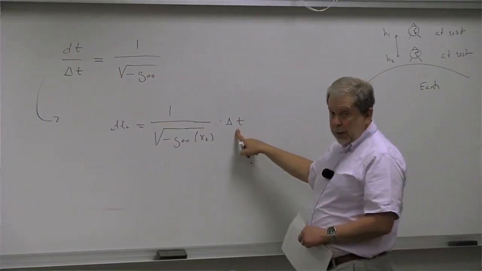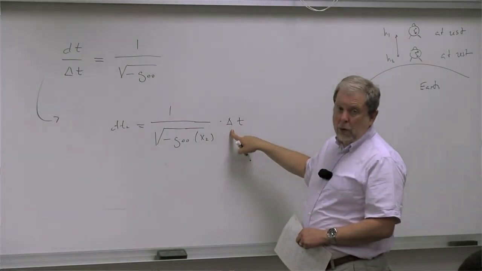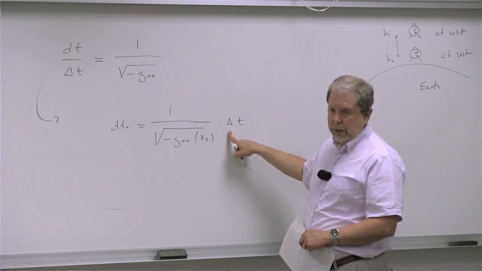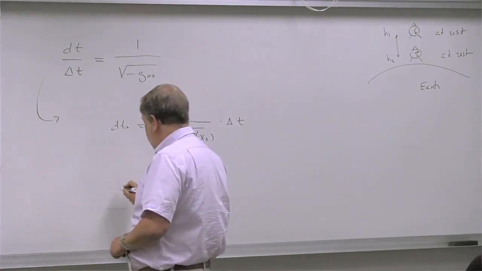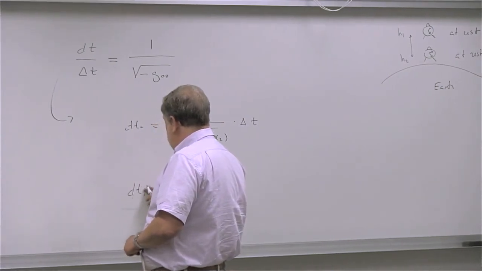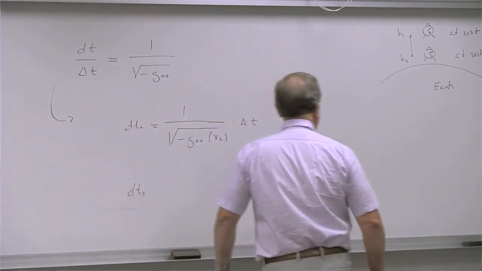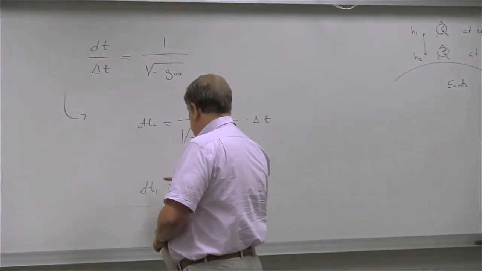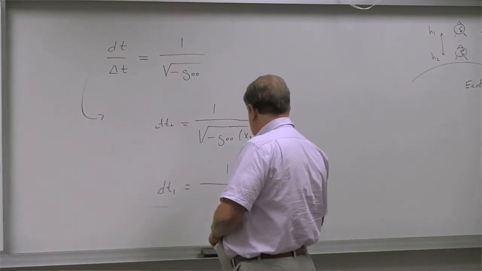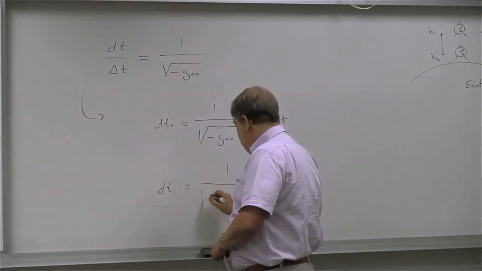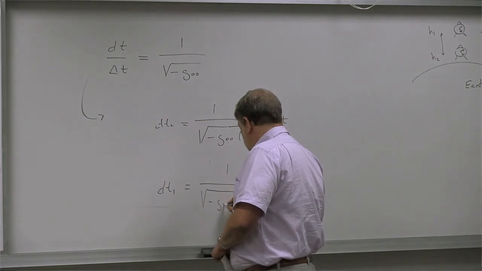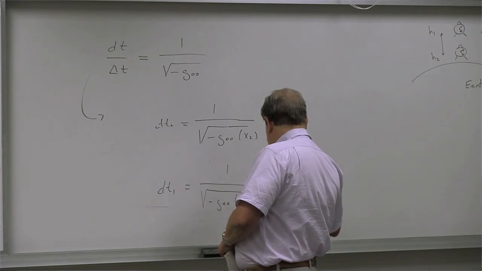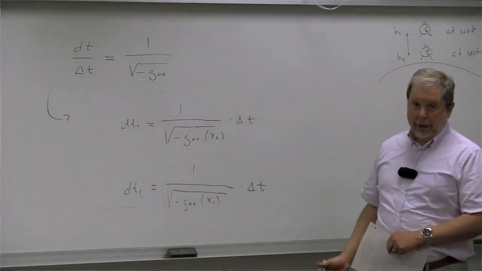Again, let me say that this delta t is the period of the clock out in the middle of nowhere where there is no gravitational field, which we don't know because we can only do measurements on Earth. But on Earth, we can now have a different point, which is point 1. So this is point 1 and point 2. At point 1, the clock period is going to be related to the clock period without gravity by 1 over the square root of minus g naught naught of x1 times delta t. And so we're done.